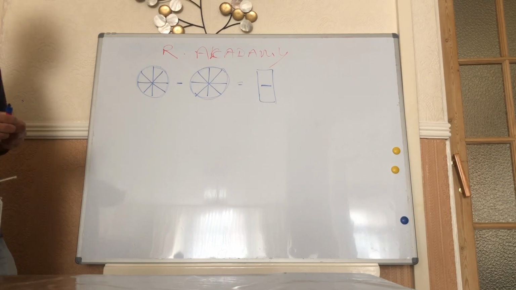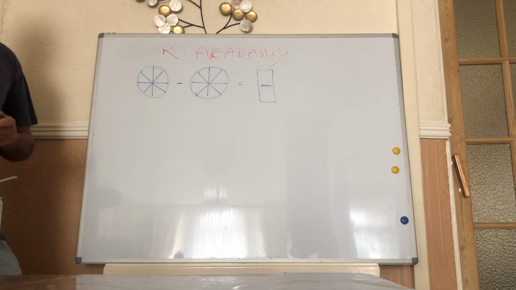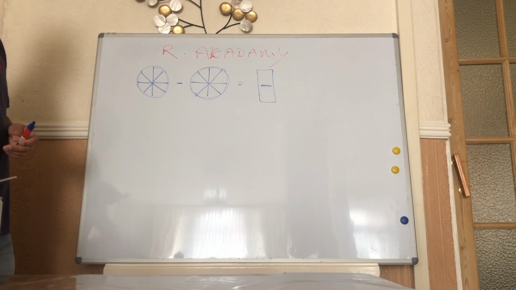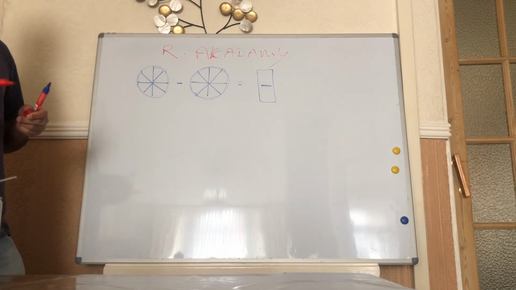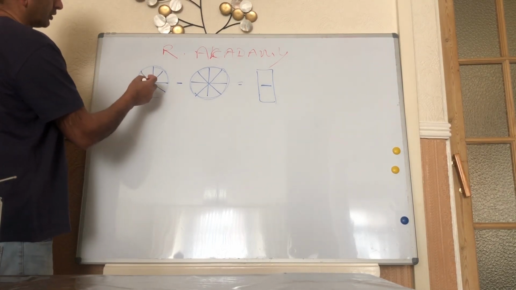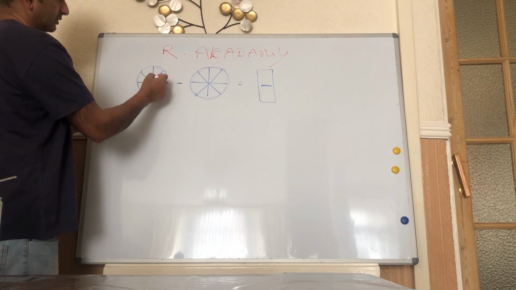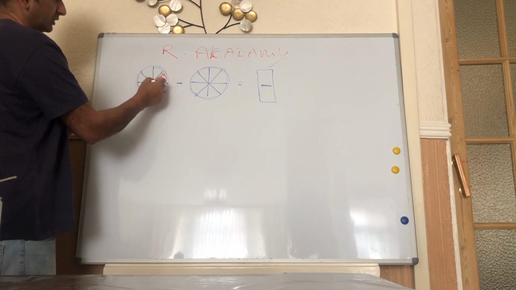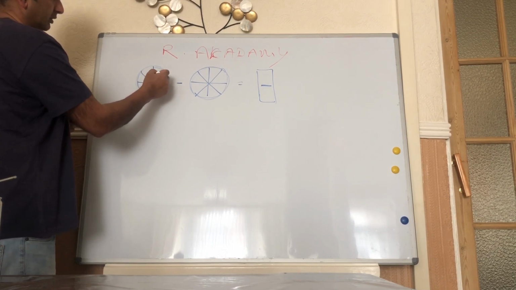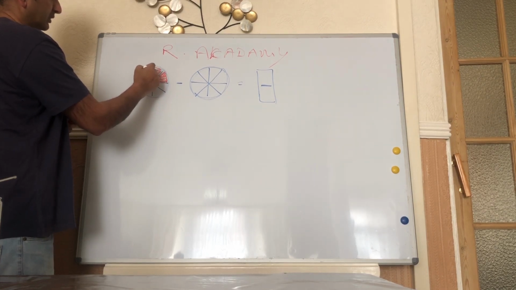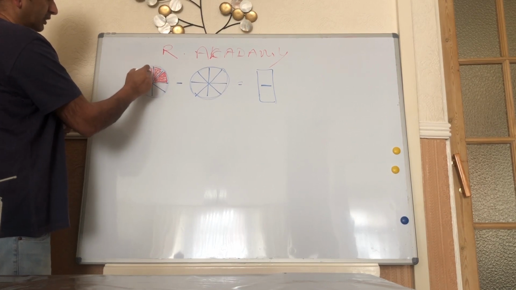So on this one here, you've got 6 slices shaded. Okay. I'm doing it in red so it makes it a bit easier for you to read. Otherwise you might get confused with the blue.